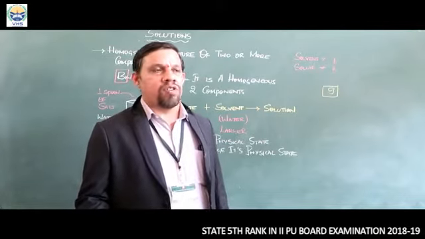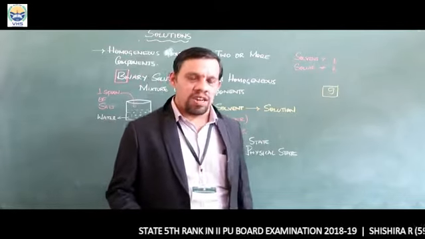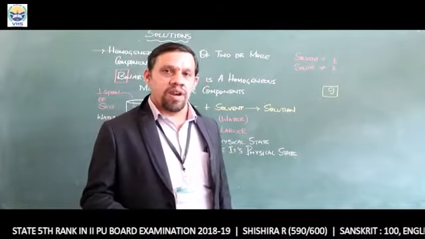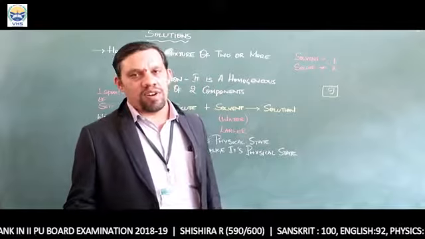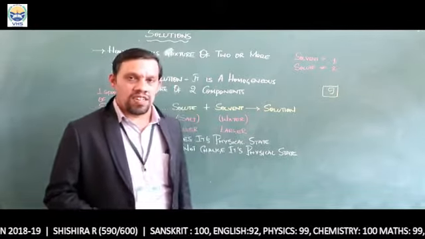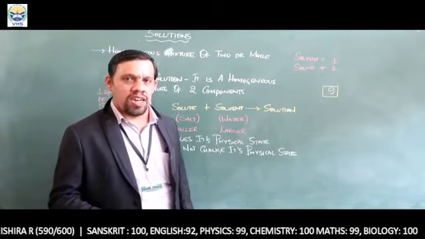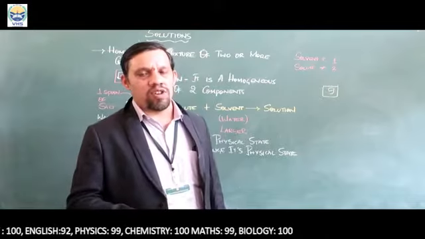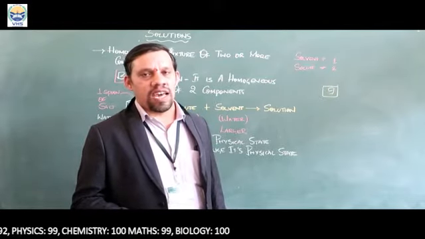A liquid solution is a solution in which the solvent is liquid, and the solute can be solid, liquid, or gas. A gaseous solution is a solution in which the solvent is gas, and the solute can be solid, liquid, or gas.